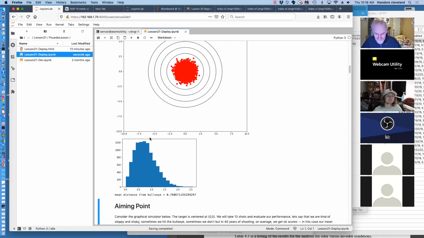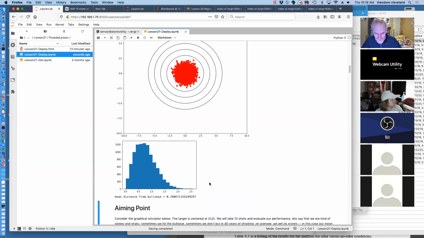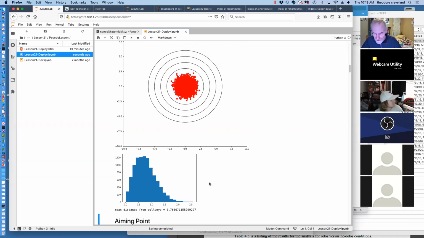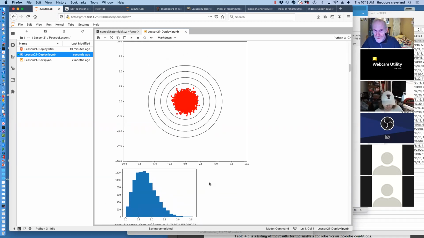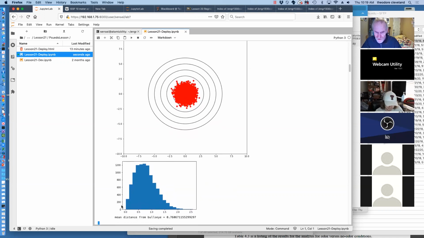Yep, this is starting to look like a gamma distribution with a measure of central tendency at about right here, 0.7-ish. If we allowed negative distances, this would be well approximated by a normal. So restricting it to positive values is what makes it a gamma distribution.